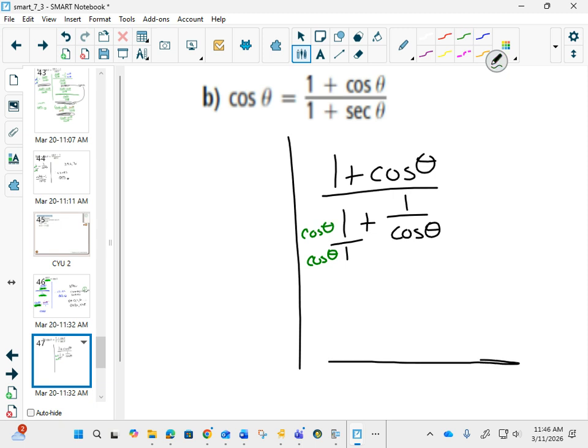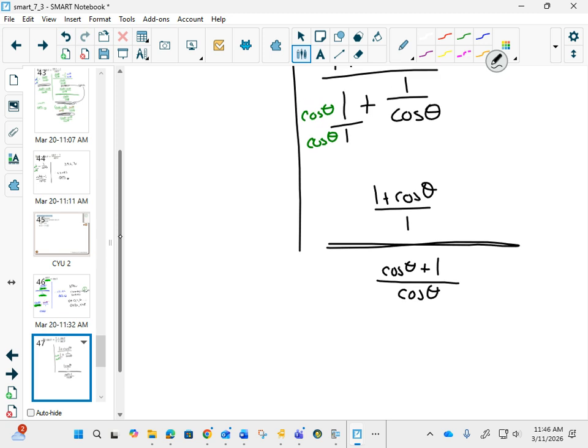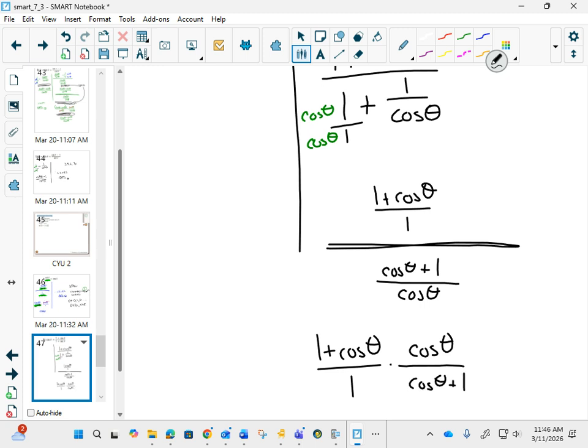Here's my main fraction line. I can even write this as 1 plus cos theta all over 1, so I see it as a fraction. And on the bottom, if I get a common denominator of cos theta, the top will be cos theta plus 1. And if I have a fraction divided by a fraction, I can rewrite the top one, 1 plus cos theta over 1, multiplied by the reciprocal, or the flip, of the bottom one.